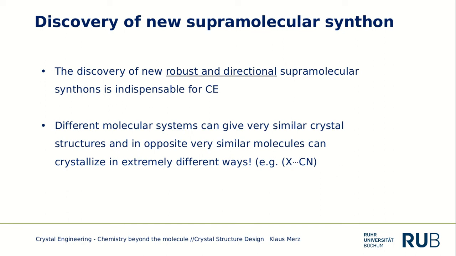We talk about similarity. And the opposite, very similar molecules with substituents in 1,4 position, 1,3 position, 1,2 position, can crystallize in extremely different ways. So keep this in mind, thinking about suitable new supramolecular synthons.